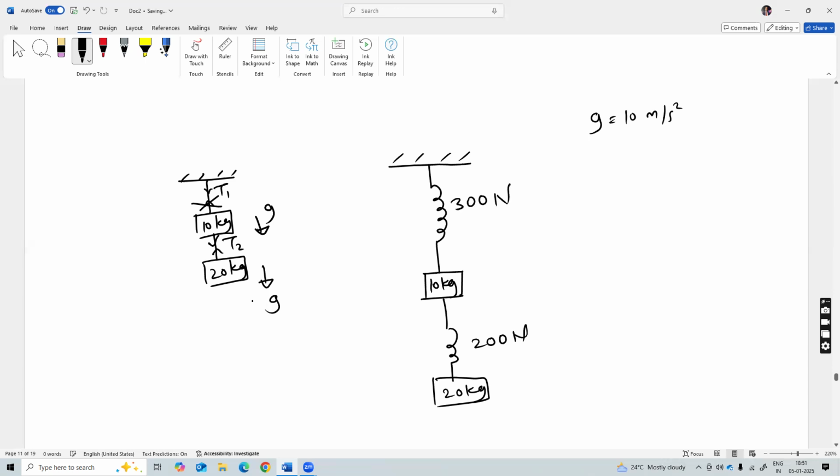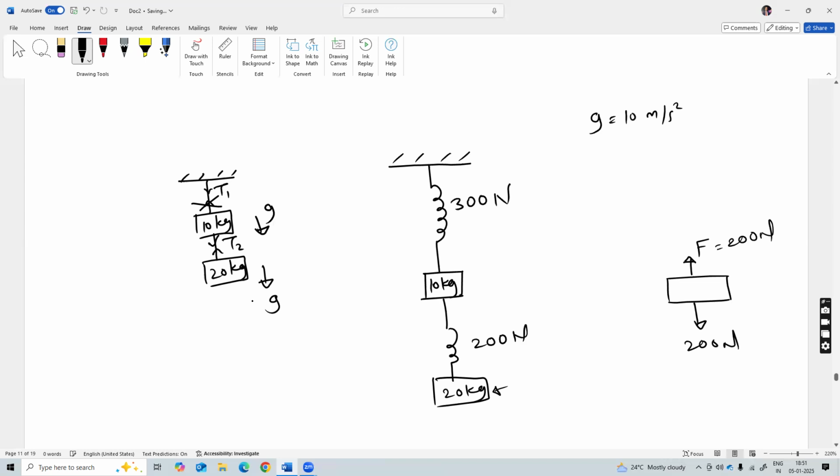Now consider this case. There is a force acting, let's say this is F, which is equal to 200 Newton, and there is a weight acting downwards, that is 200 Newton.